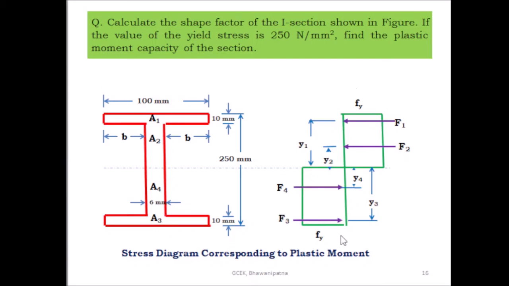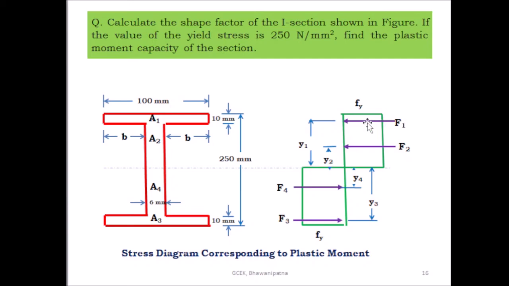This is the stress diagram corresponding to the plastic moment. So here you take this as one rectangle A1, this is another rectangle A2, this is one rectangle A3, and this is another rectangle A4. You take 4 rectangles here. The top flange is one rectangle, this portion is the second rectangle, the bottom flange is the third rectangle, and this portion is the fourth rectangle.